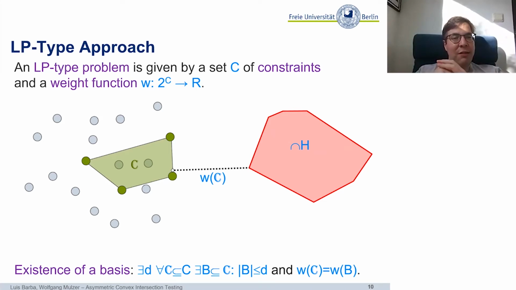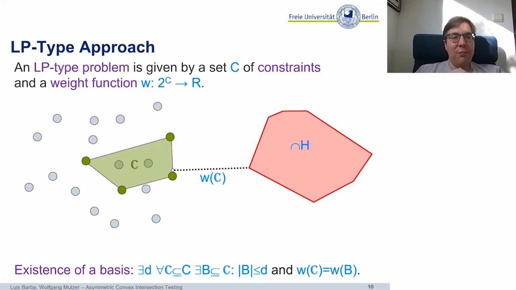In our example, we saw that this is the case for the way I cast this asymmetric convex intersection testing as an LP-type problem, because the weight of a subset of the constraints is just the distance between the convex hull of the constraints and the intersection of the half spaces, and this weight is defined by a facet of this convex hull, and a facet of the convex hull is defined by at most d points. So we know that in this concrete LP-type problem that I defined for asymmetric convex intersection testing, there always exists a basis.